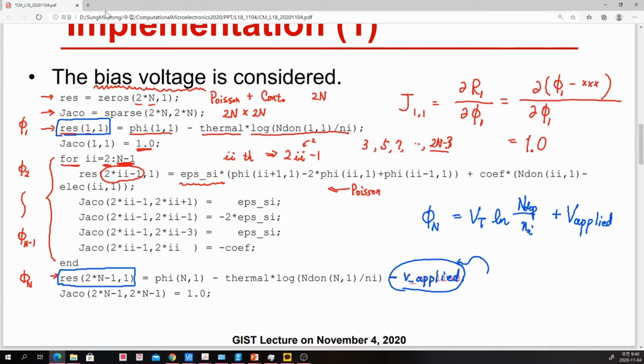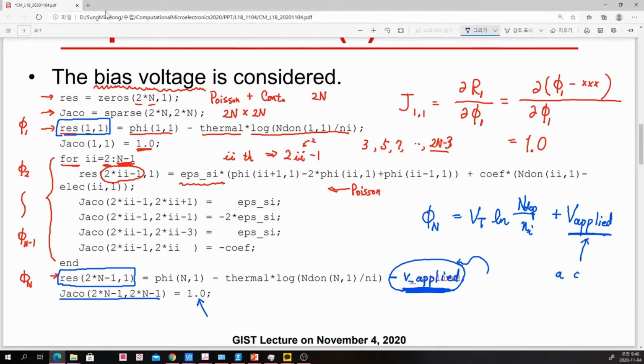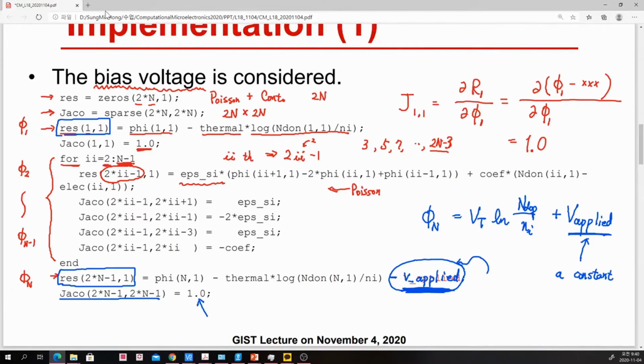Although you have a non-zero term or additional term here, your Jacobian entry is not changed at all, because this one is just regarded as a given constant. So when you take the partial derivative with respect to phi sub n, of course V applied does not contribute any term to the Jacobian entry.